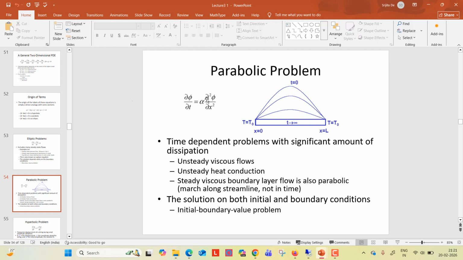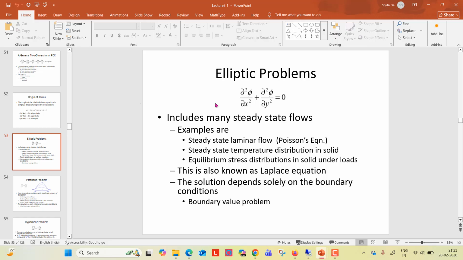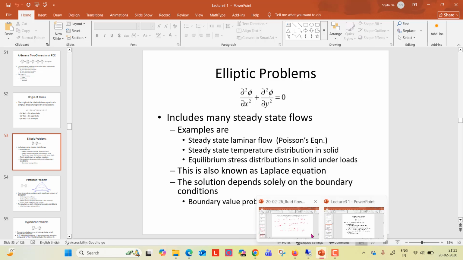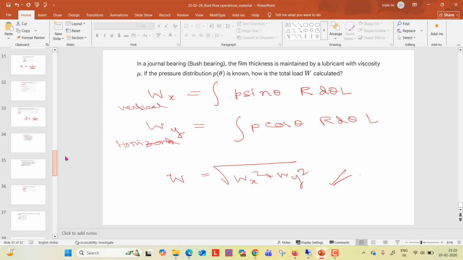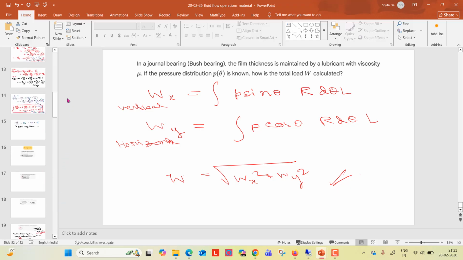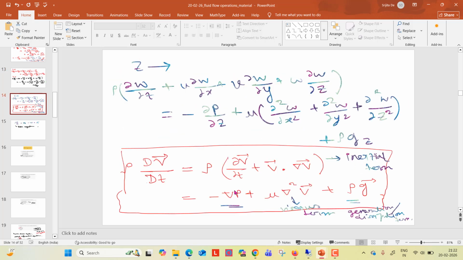So when only viscous flow is there, suppose del 2u del x2, if you remember the Navier-Stokes equations here. When we are solving the Navier-Stokes equations, suppose every other term is 0.